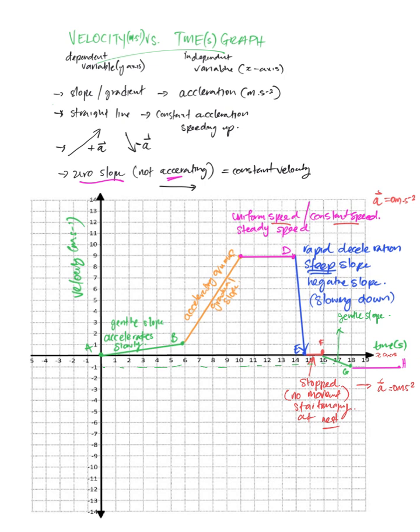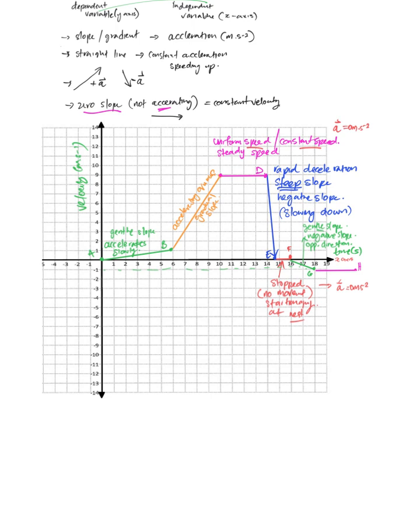I now have a negative slope, and that tells me I'm going in the opposite direction. But look at the slope. It's still a gentle slope, which means I'm still accelerating slowly, but in the opposite direction. So that's what that means.